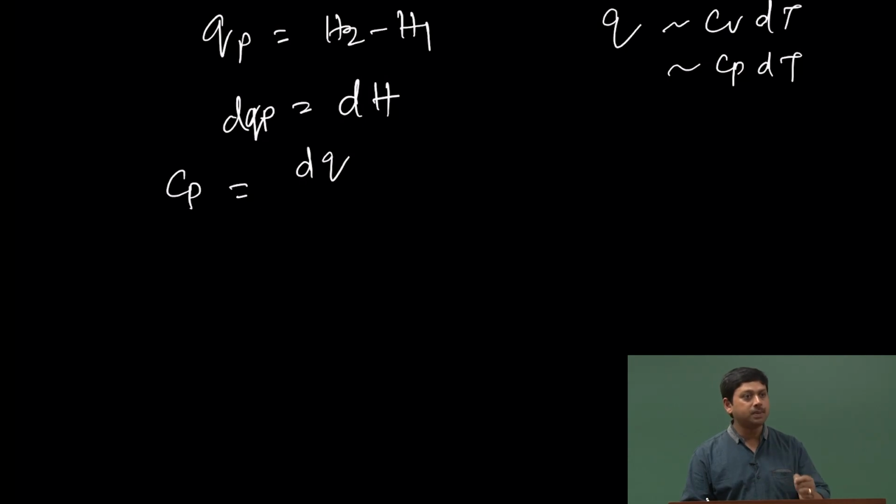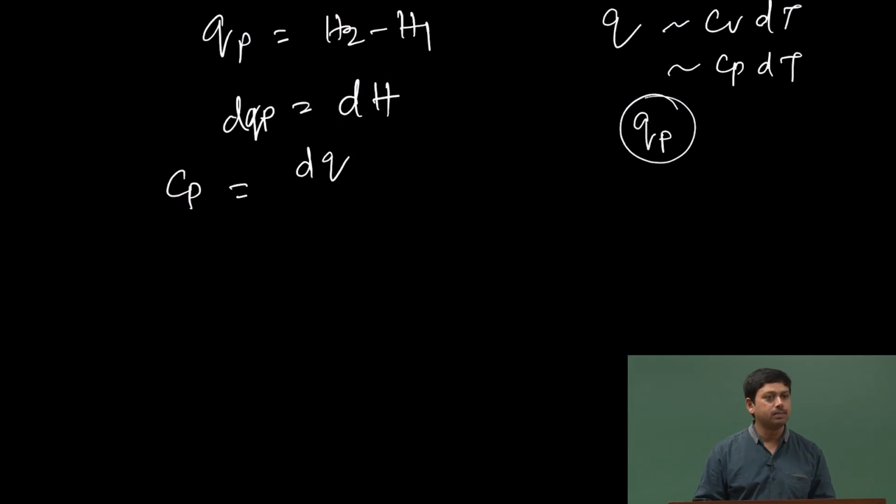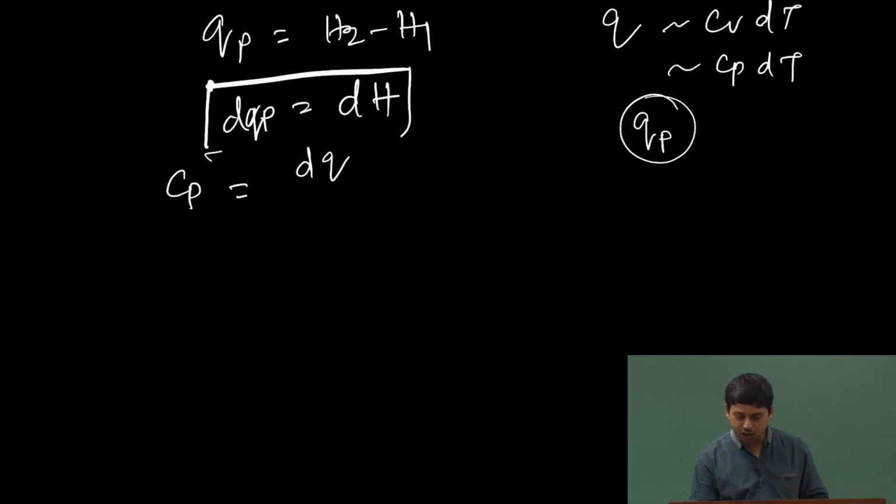But if I already specify the process is done at a constant pressure and say QP, then it is no longer a path function. I have two different ways to go somewhere and each are of different lengths. However, if I say I have to go only that way, then it is no longer different. So, therefore, QP is no longer a path function, QP is a state function, and so is H. H is also a state function.